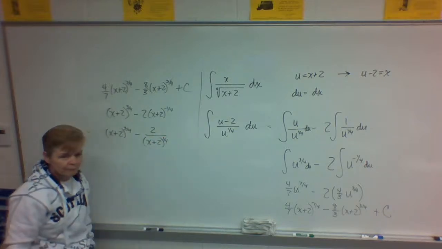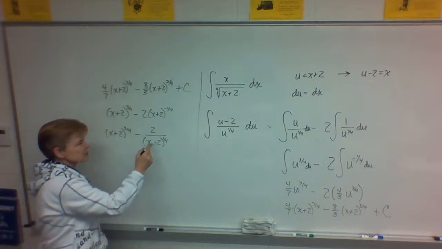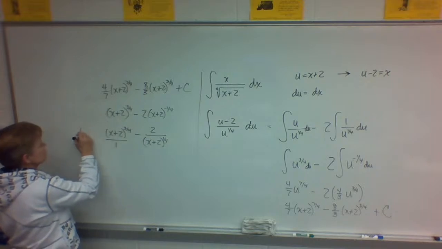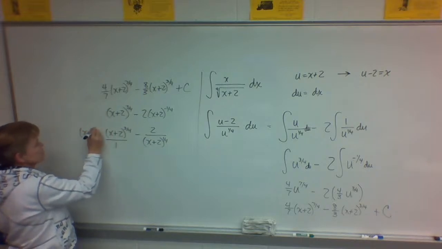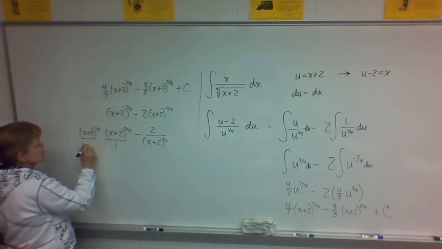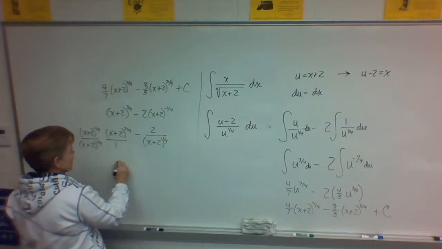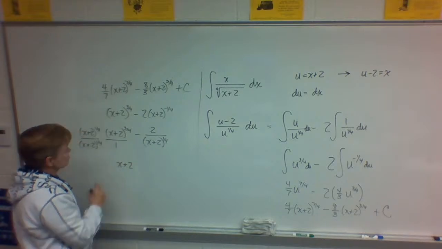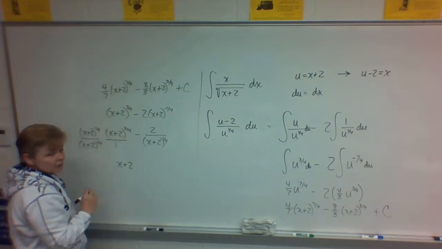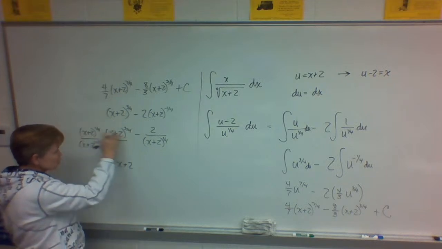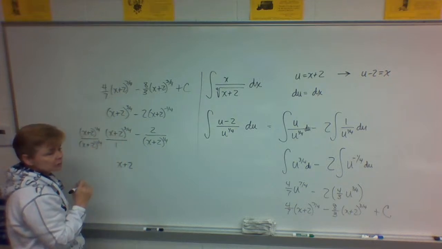Do you agree? Yeah. The common denominator is (x plus 2) to the 1/4. So I have to multiply top and bottom of this times (x plus 2) to the 1/4 over (x plus 2) to the 1/4. And that gives me x plus 2, because 1/4 plus 3/4 is 1 when you multiply these. So this numerator is x plus 2.